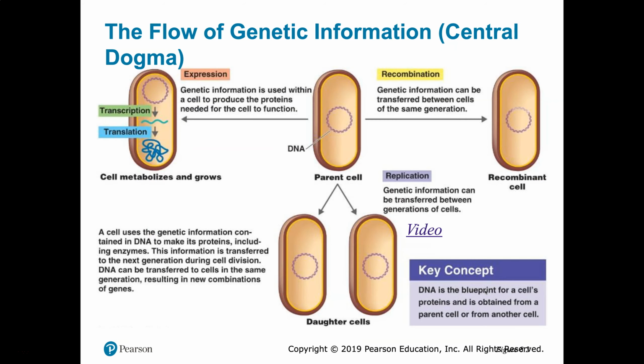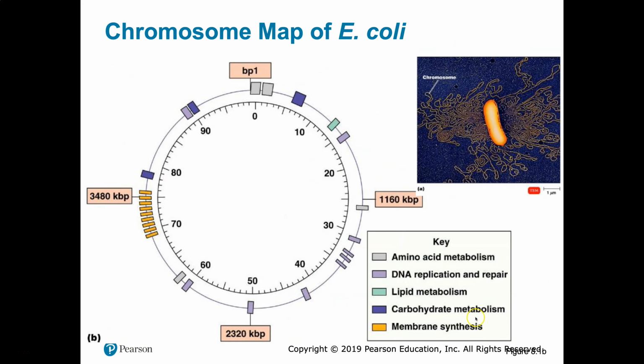I want to talk about recombination. So this is a chromosome map of E. coli. And notice how huge the chromosome is. Look at all that genetic material. That's huge in comparison to the size of the bacterial cell, right? It looks really big.